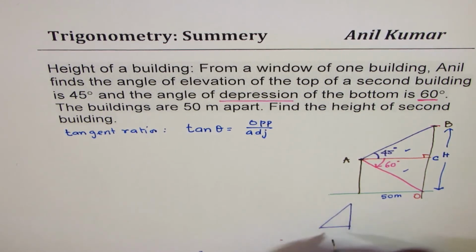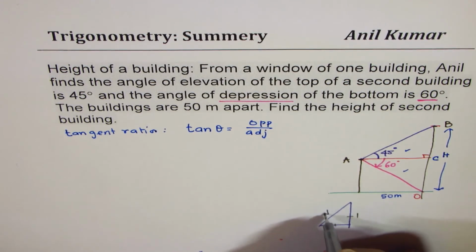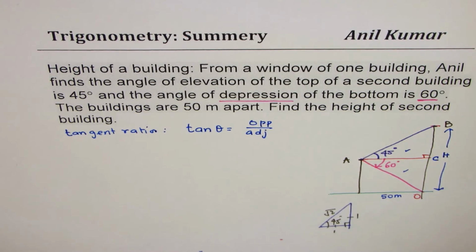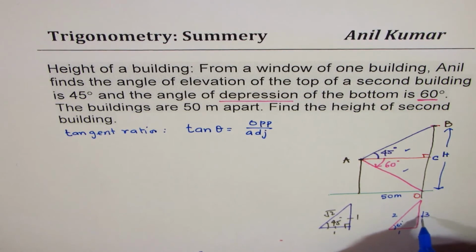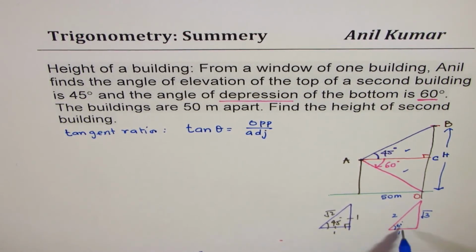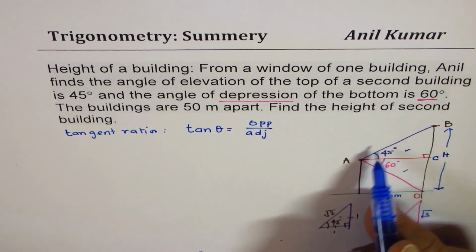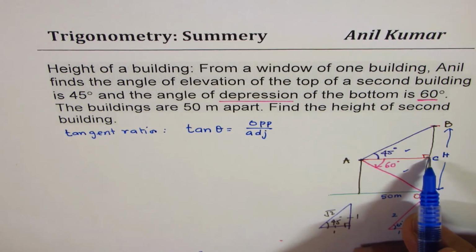Their side lengths are: these two sides are equal, 1, 1, square root 2 for 45 degrees. And for a 30, 60, 90 triangle, the sides are 1, 2 and square root 3, where the side opposite 60 degrees is square root 3. Using special triangles, we can easily get all our sides.